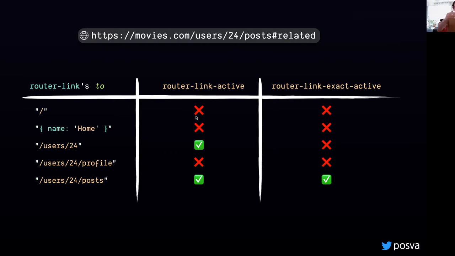And then we're able to see if there are children or not, and if they are the same route record. So that way there is no need for exact anymore. It just works out of the box. And also we only take care about the path, because in most scenarios, that's what we want to take care about. We don't care about the hash or the query to be a part of the URL to make them active. And it's still possible to add that behavior on our own if we want to.